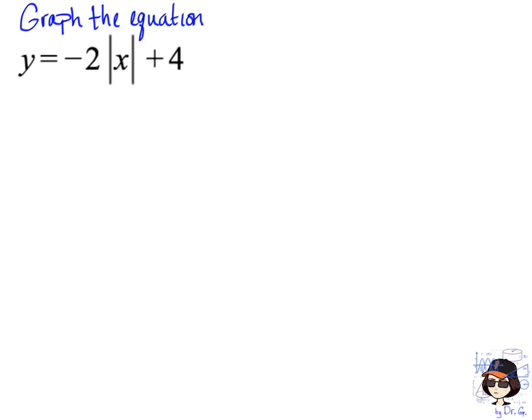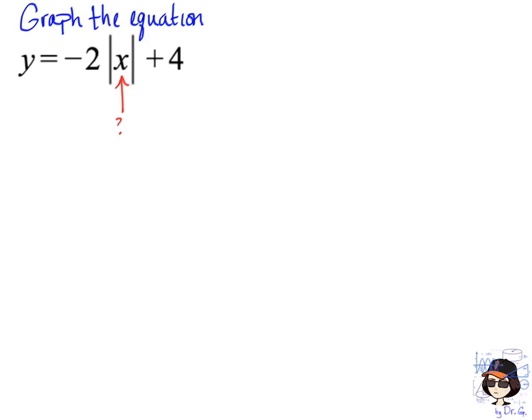So, how do you find the vertex of an absolute value equation? Well, the vertex is always going to have an x-coordinate that makes the inside of the absolute value equal to 0. So I mean that whatever's inside the absolute value, we want to know what value of that variable will make the inside 0.